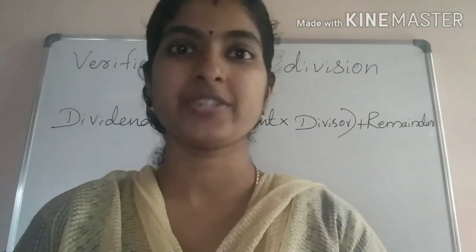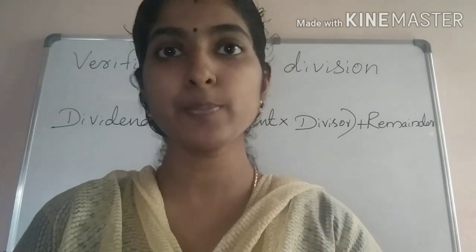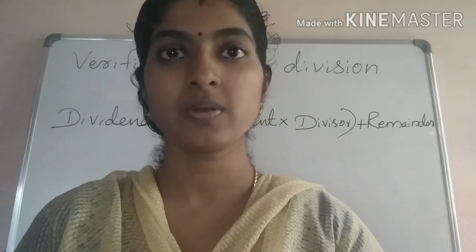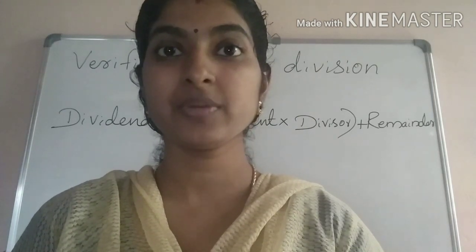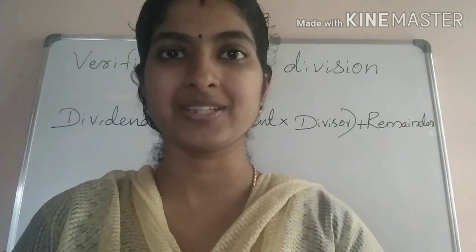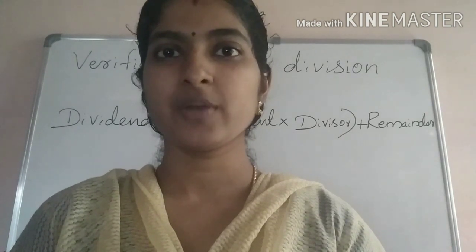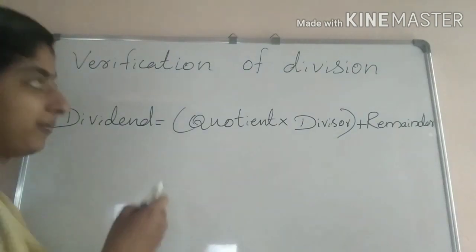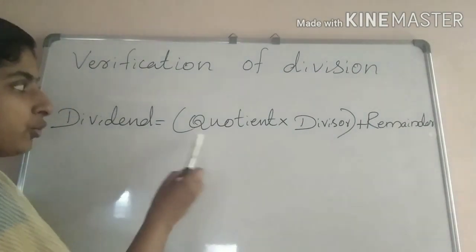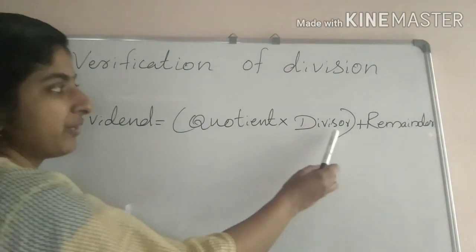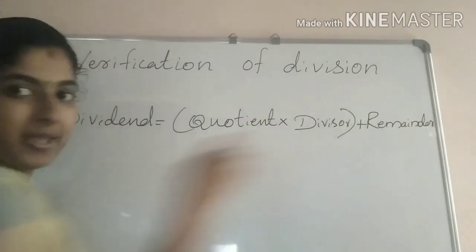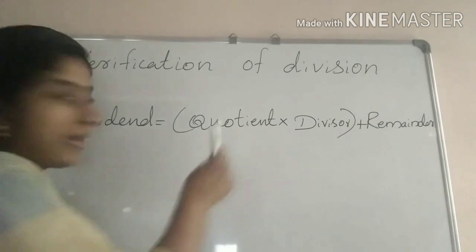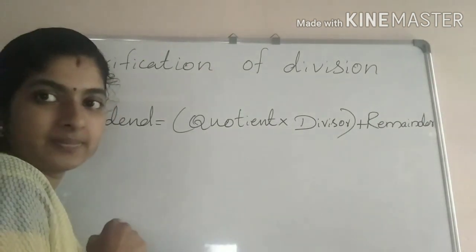Next, verification of division. In a division problem, how to understand our answer is correct or wrong? Yes, check with division formula, isn't it? That is, we are going to discuss here. What is the formula? A dividend is equal to quotient into divisor plus a remainder. In the problem, first we multiply quotient into divisor.